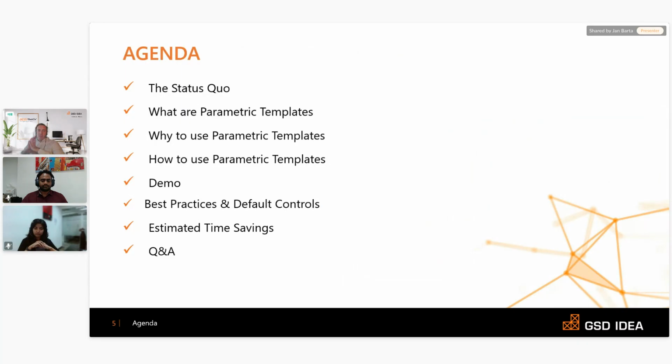Then we'll switch to Venki, who will show us a live demonstration, some tips and tricks, and in the end, we will just summarize it, run some numbers, comparison between the manual way and the parametrical way, and have a Q&A session at the end, as always. If you want, you can place your questions in the chat panel on the go, but we will be answering what we will be able to answer during the webinar. If not, we will answer the questions in the end as well.